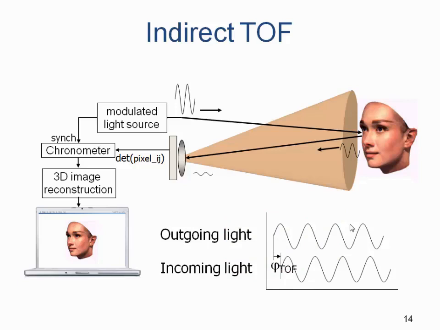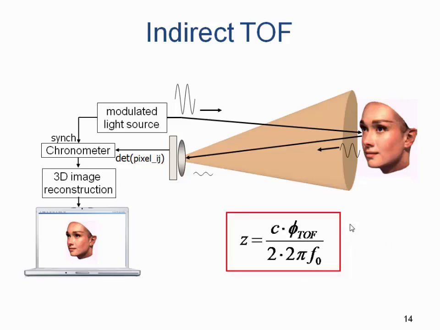Now, usually the calculation of the distance z is given by this equation that indicates the speed of light, the phase between the outgoing wave and the incoming wave, and the frequency of modulation.